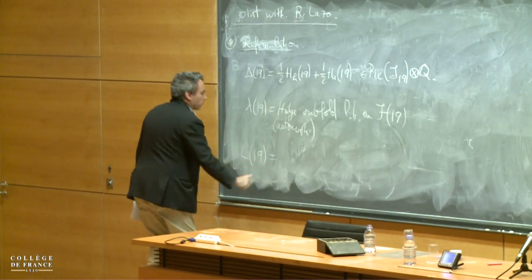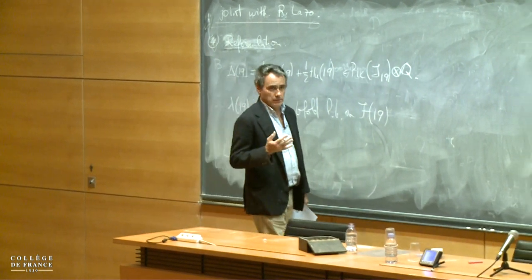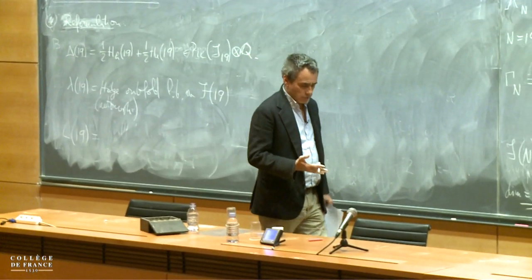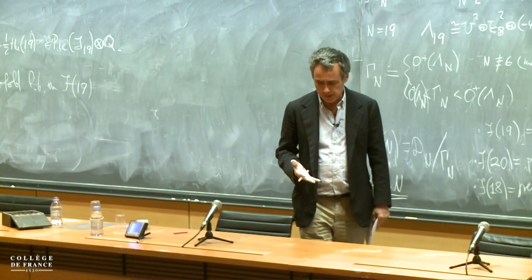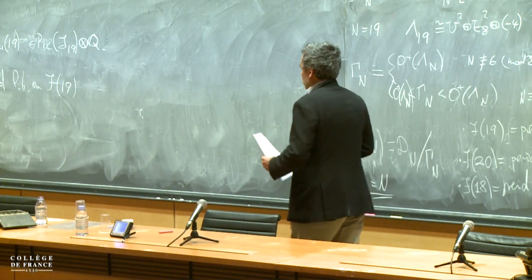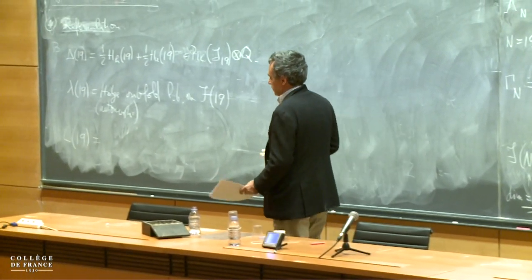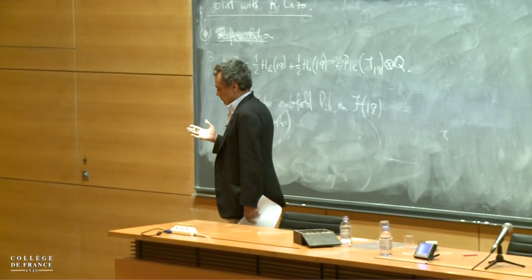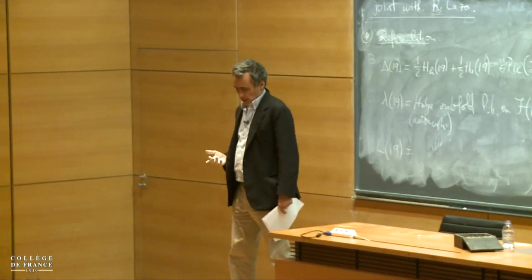And let's look at an ample line bundle on the GIT moduli space of quartics in P3. So the GIT moduli space is the quotient of a projective space modulo PGL4.